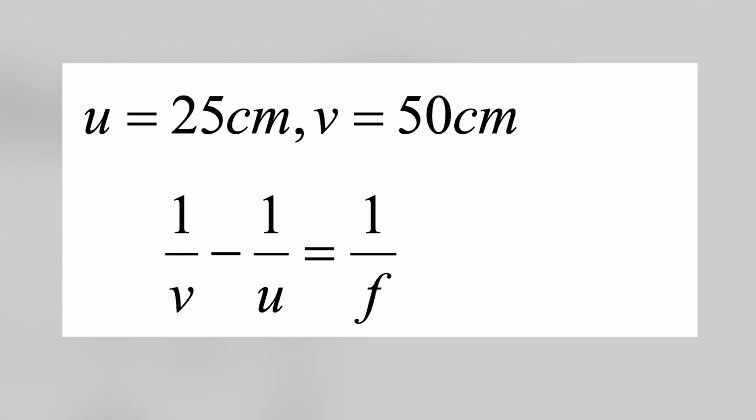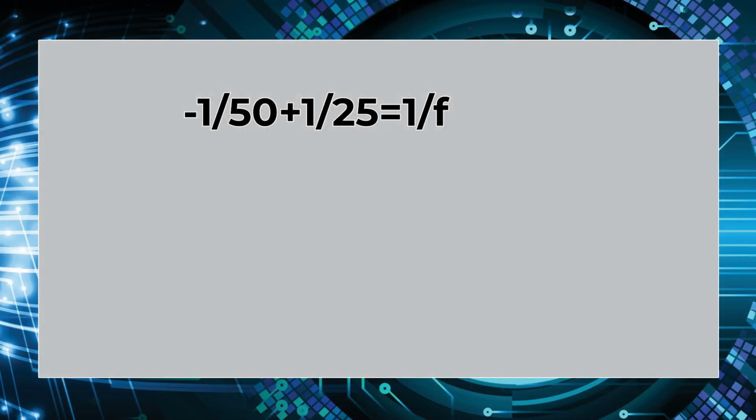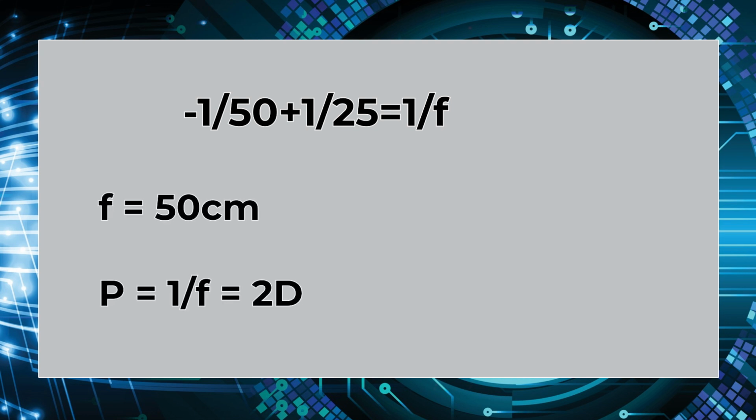Now, use the lens equation, that is, 1 by v minus 1 by u is equal to 1 by f, that is, minus 1 upon 50 plus 1 upon 25 is equal to 1 upon f. After solving, we will get the focal length of the lens equal to 50 centimeter and the power of the lens equal to 2 diopter. As the power is positive, the lens is a convex lens.